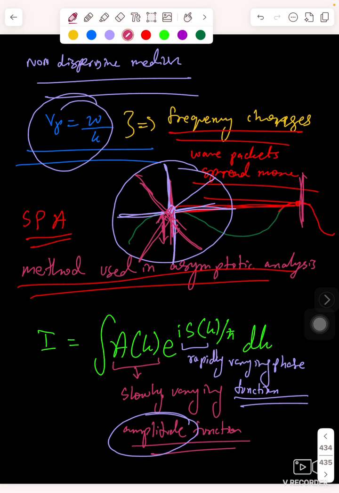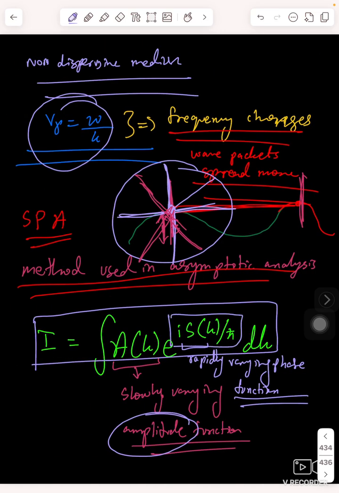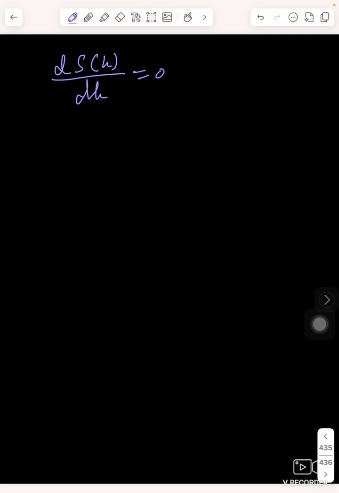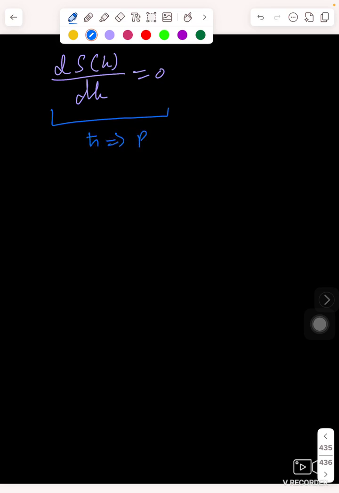Then this equation can be simplified to dS(k) over dk, which equals 0. We're talking mostly about this part. It depends on h bar, the reduced Planck's constant.